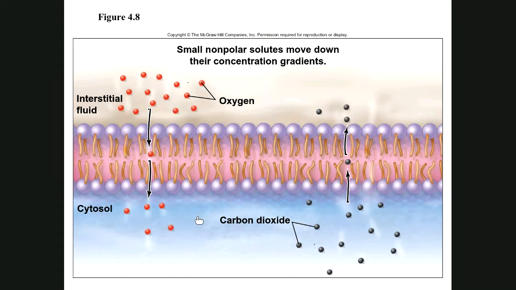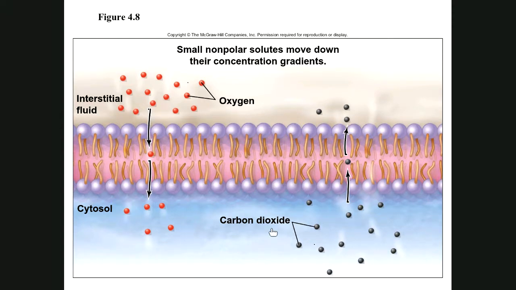So in order for simple diffusion to take place, we're going to move down the concentration gradient from a high concentration of oxygen molecules to a low concentration of oxygen molecules. Therefore, they are going to diffuse into the cell, which is opposite of carbon dioxide.